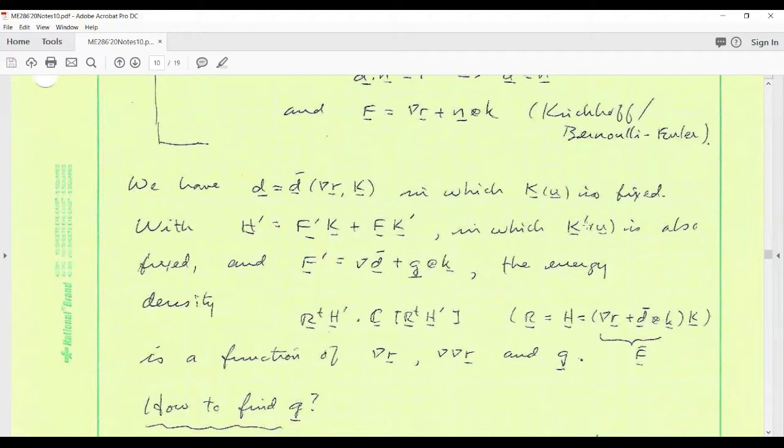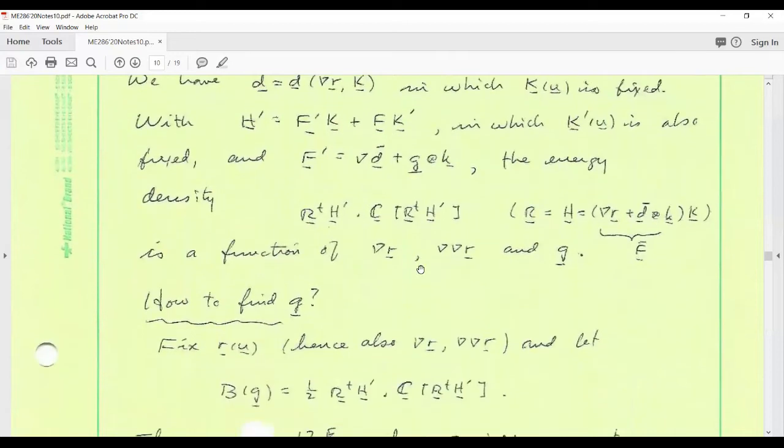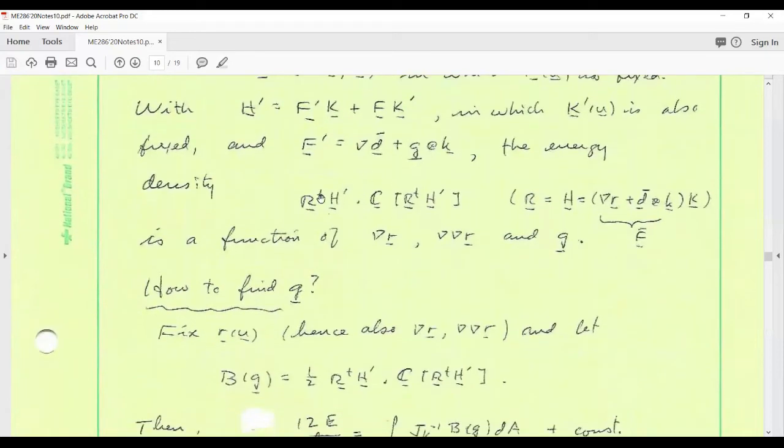So it's not a derivative with respect to U, it's just a zeta derivative evaluated on the midplane and hence a function of U, the midplane position. But this also involves F prime, which brings in a second director, G. Okay, so now we need to worry about G. We figured out what D is, but we have to worry about G now. And once we have G, well, we have the energy then, and then we can proceed to minimize it.